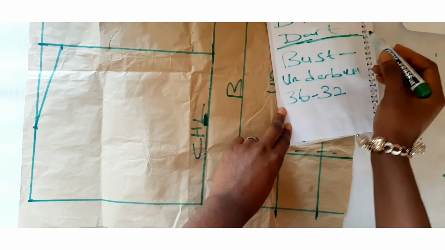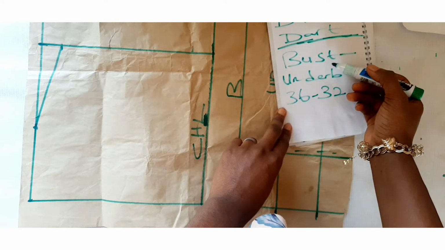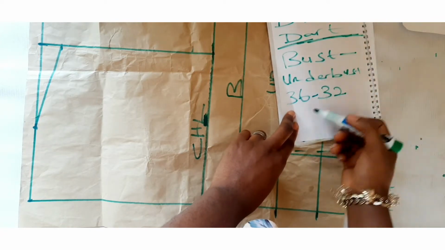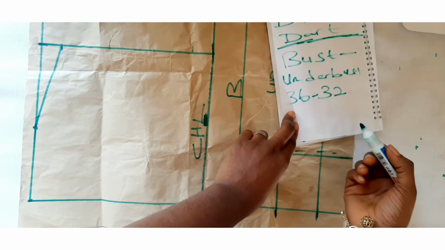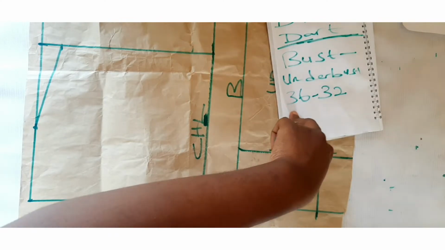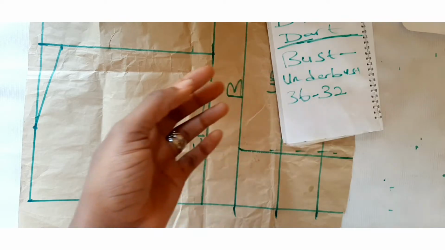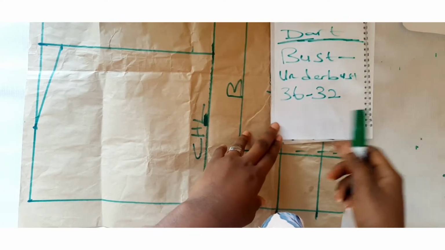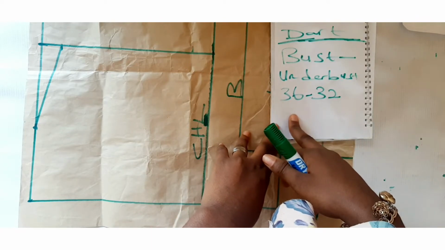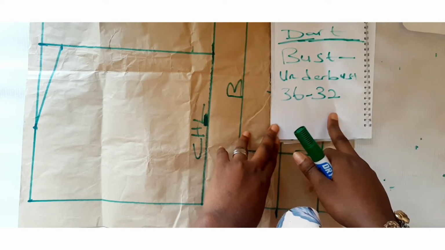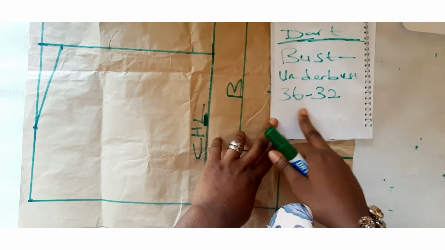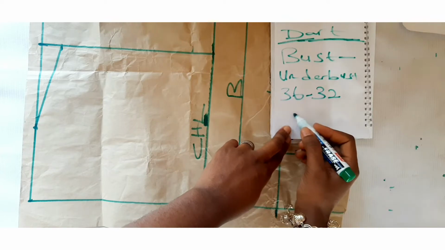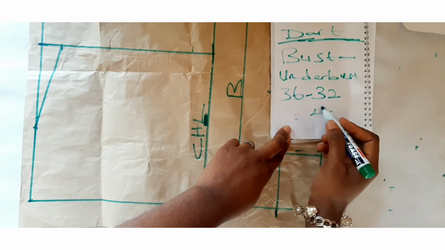Anytime you're making your bust, you're going to take away your under bust from your bust. The bust measurement I'm working with is 36 and the under bust is 32. If I take away 32 from 36, it's going to give me 4.